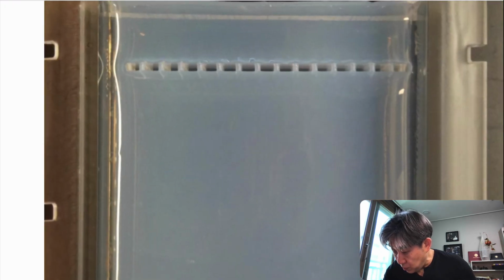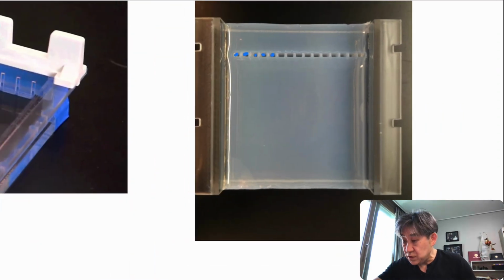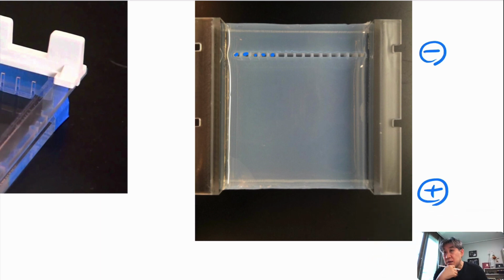In each hole you can apply a different DNA sample, after which you apply an electrical field, where the positive charge is at the end and the nucleic acid migration starting point is where the negative charge is.